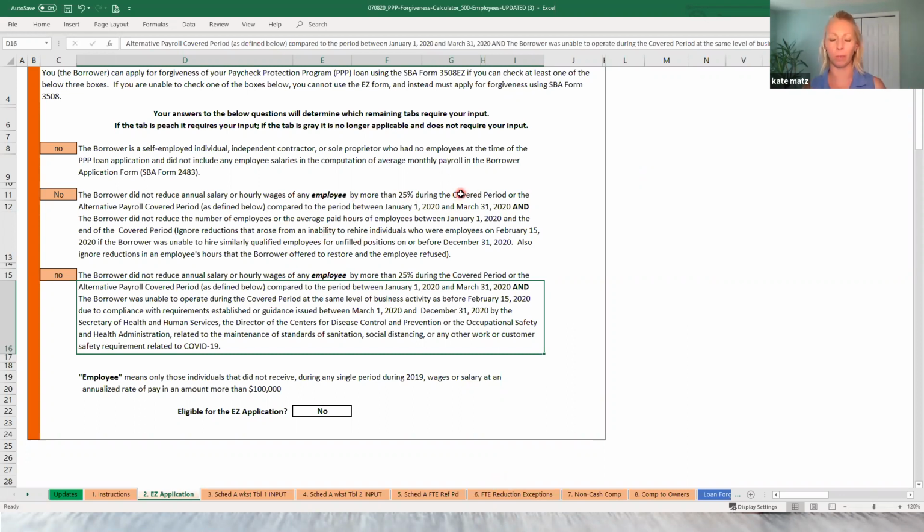So yeah, terminating somebody for cause or even a retirement. As it stands today, you can't use the easy form for those reasons. Not to say that they won't come out with different guidance that changes that down the road, so stay tuned. But there's only a few specific exceptions there.